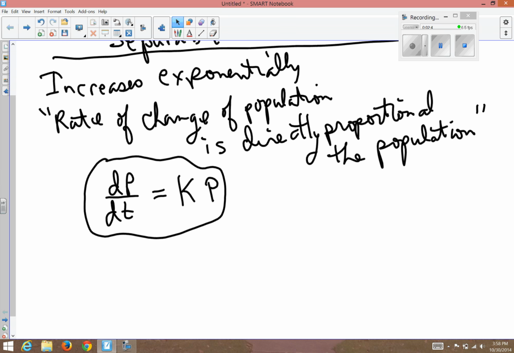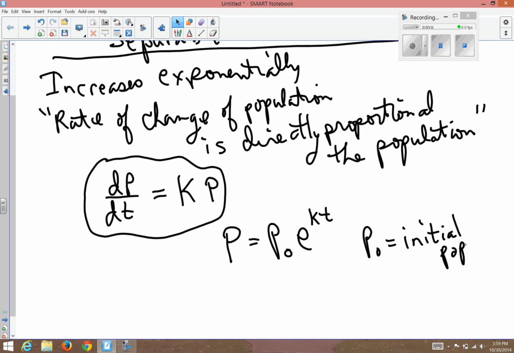When we solve this differential equation, I'm not going to go through the process, but you will get an equation that we used in pre-calculus. This is actually the solution to that differential equation, where P sub 0 is the initial population, and P is the population after time t, where the t is in the exponent.